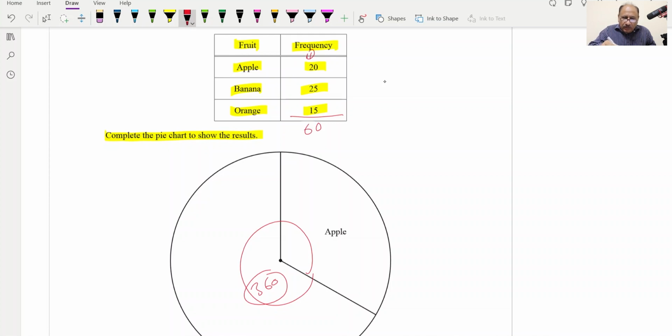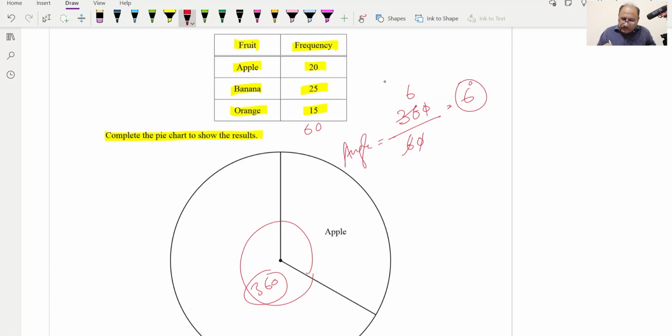Sum of these frequencies is 60. So we can divide to check the angle. 360 divided by 60, this will be equal to 6, so 6 sixes are 36, so 6 degrees for each frequency.